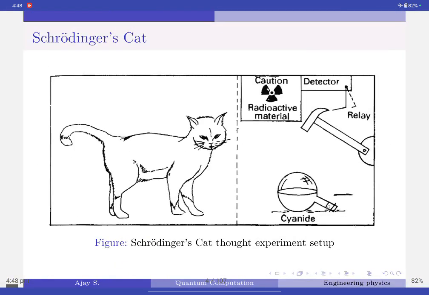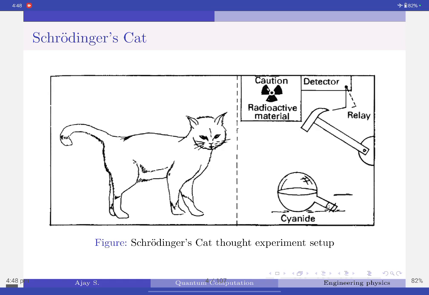So this is referred to as Schrödinger's cat thought experiment. So the experiment involves putting a live cat inside a box with a radioactive material and a pile of poison, say cyanide, and a detector. So how does the experiment work? We don't know beforehand whether the radioactive material is going to decay or not.